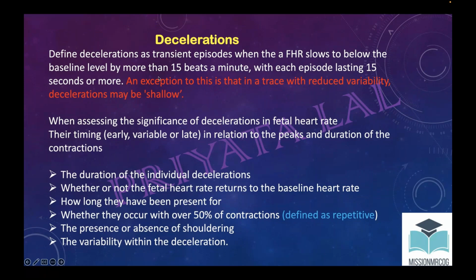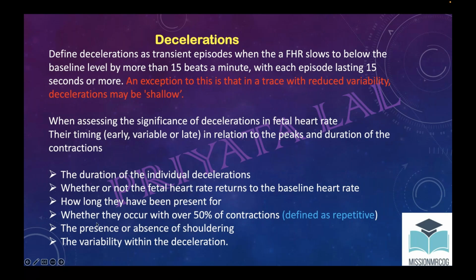Okay, so exception to this trace will be with a reduced variability when the deceleration may be shallow. Now we have to check the duration of deceleration, and see, when the fetal heart rate is coming back to normal, how long the deceleration is there, whether it is present in more than 50% of contractions or not.